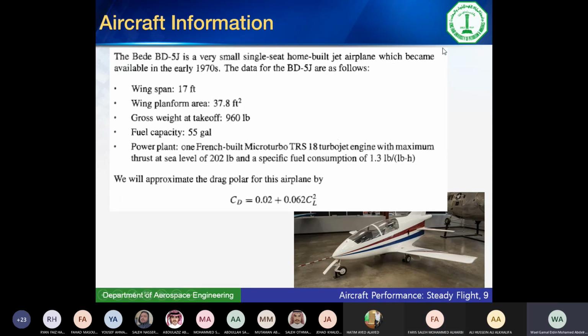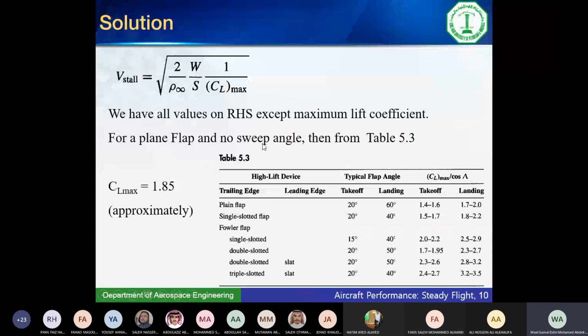So I can give this at the beginning of the exam, and in the aerodynamic question, just like the question that we have here, you will use the wing area, and you will use the gross weight, right? Yes. Okay. I can provide you with the table, of course.